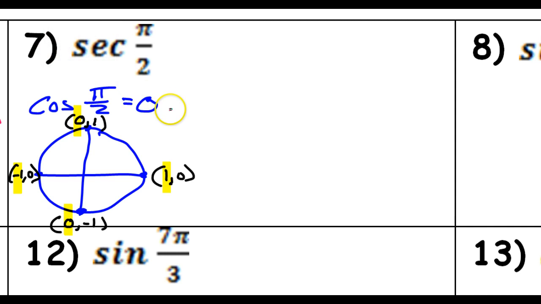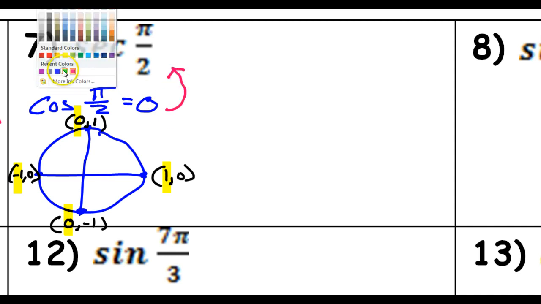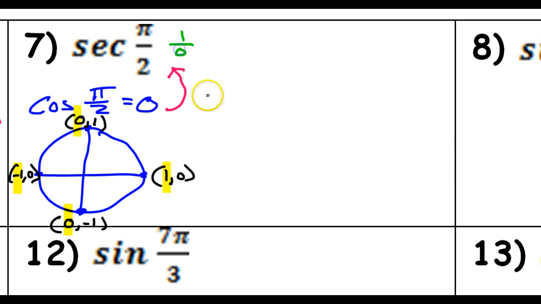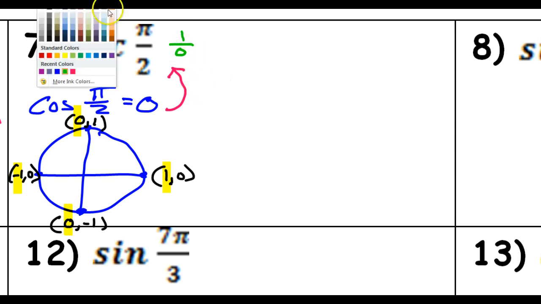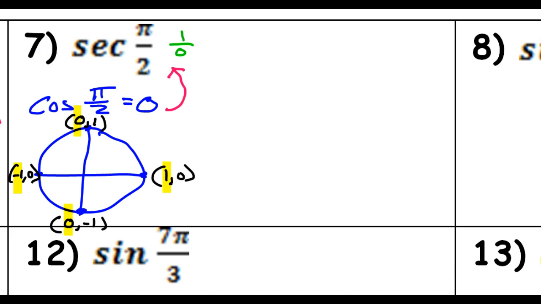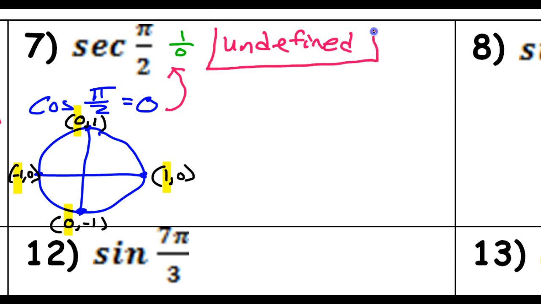So the reciprocal of 0 is this crazy notion of 1 over 0, but I hope you understand that 1 over 0 would be undefined. You can't take the reciprocal of 0. So that's your answer. The secant of pi over 2 is undefined.